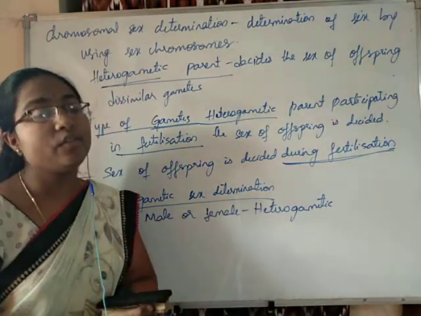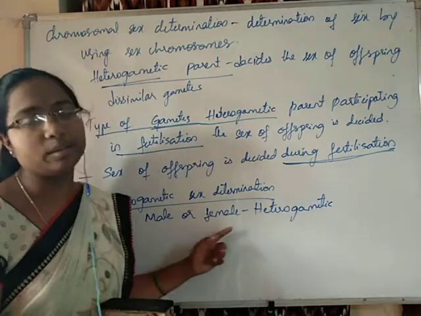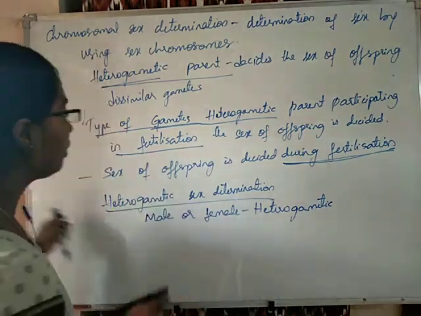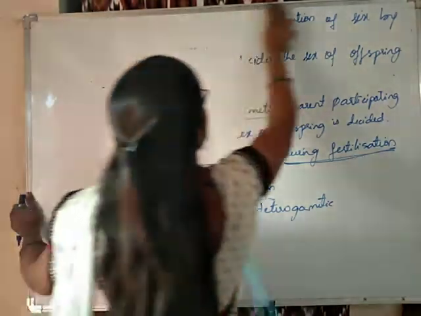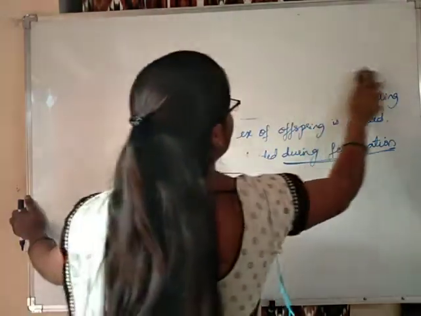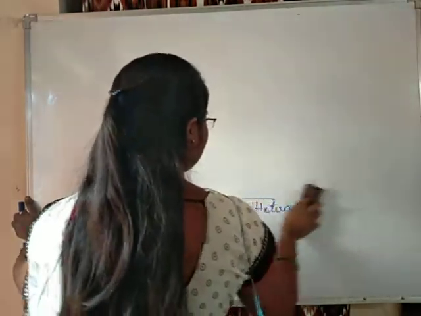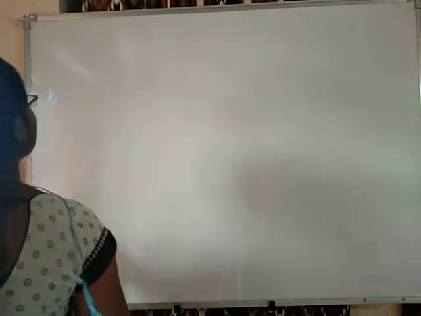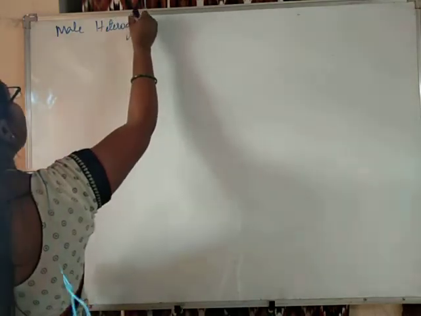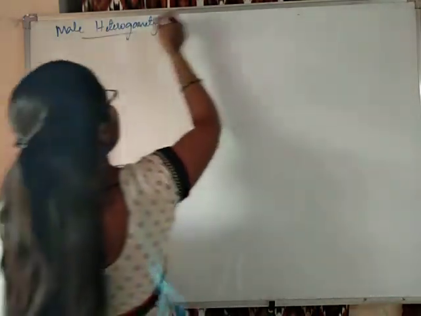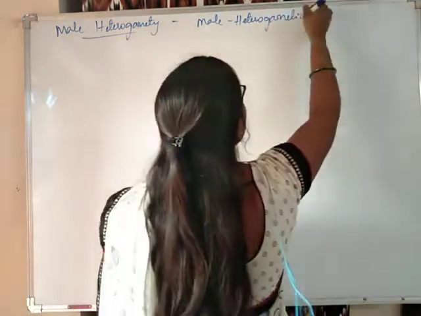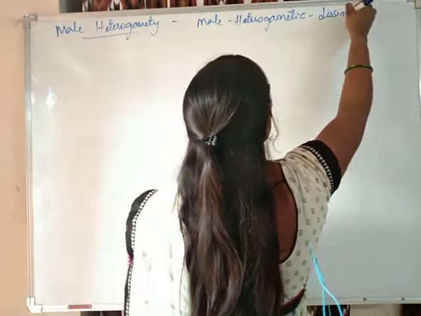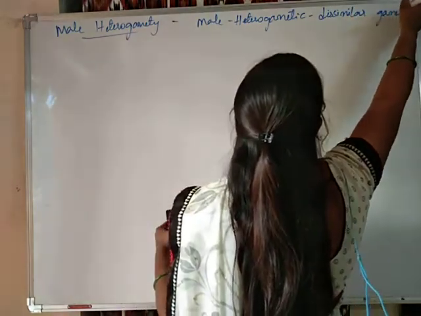Let us learn in detail with examples about male heterogamety and female heterogamety. So, first let us learn about male heterogamety. Male heterogamety means male individuals are heterogametic.